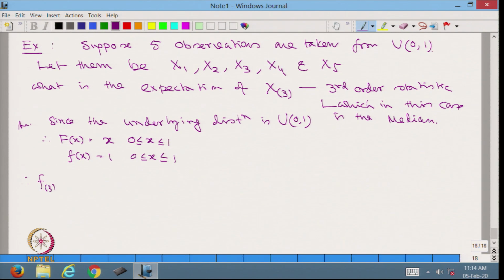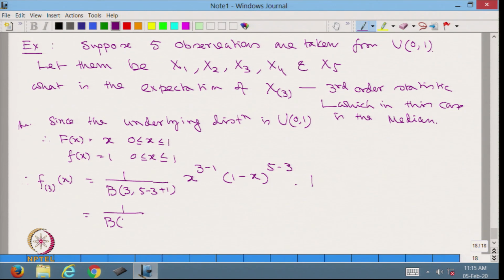Therefore, f_3(x) is equal to 1 upon beta of (3, 5 minus 3 plus 1) into x to the power 3 minus 1 into (1 minus x) to the power 5 minus 3 into 1, which is equal to 1 upon beta of (3, 3) x squared (1 minus x) squared for 0 less than or equal to x less than or equal to 1.